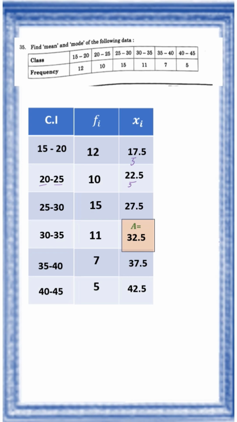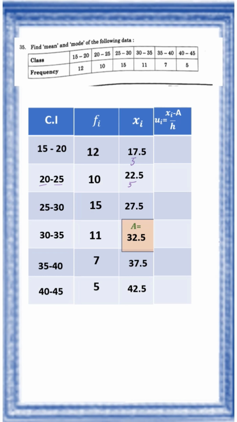Now let us assume the mean as 32.5. Now let us add one more column to find ui, that is equal to (xi minus a) upon h.